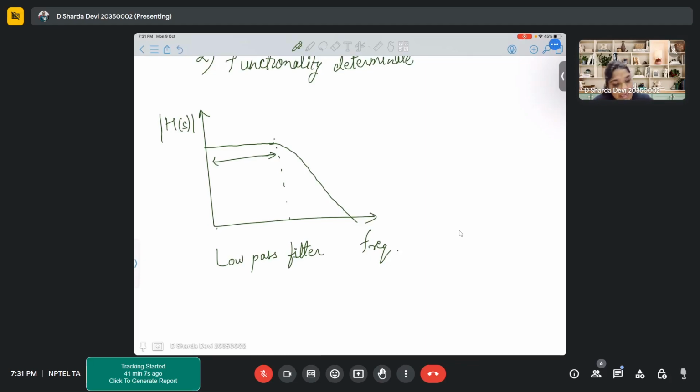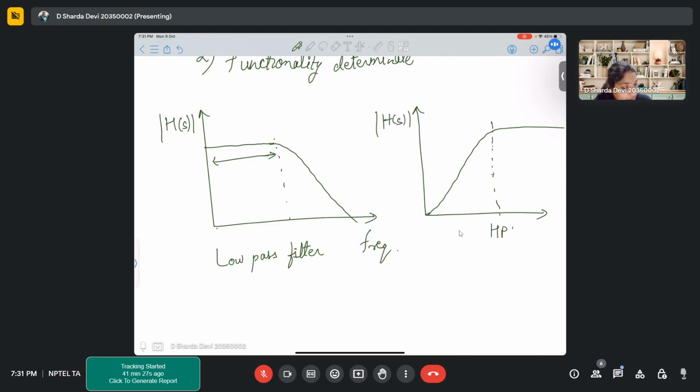Now, if this is a low pass filter, what type of filter is this? High pass filter. So it is a high pass filter, HPF.